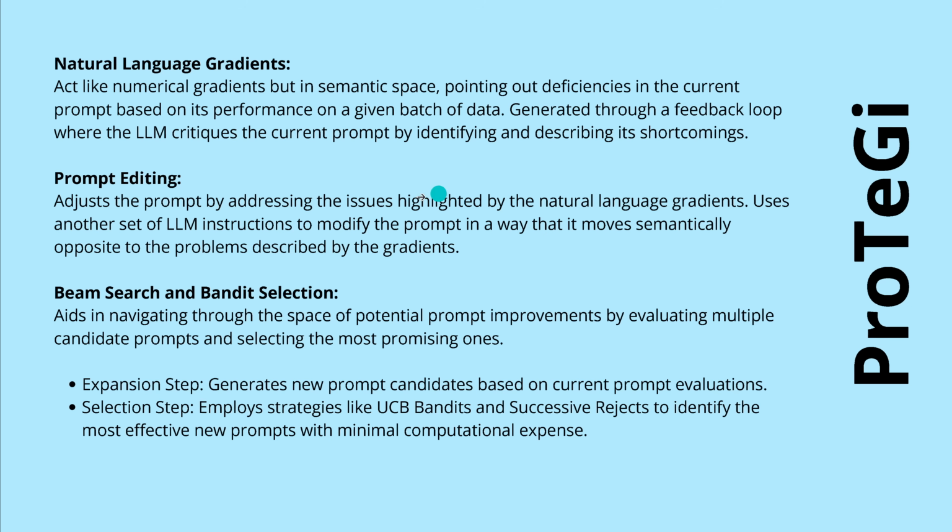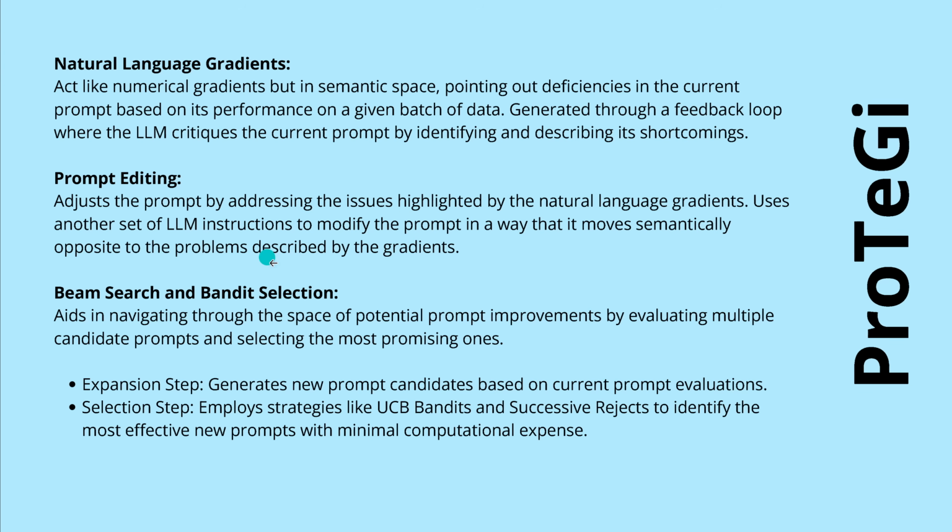So now the instruction from GPT-4 to GPT-3.5 is, hey, semantically opposite to the problem, include now new facts, maybe include this specific fact, analyze this specific sector that you forgot to analyze, and of course, described here by textual gradients. And this is exactly what this is all about in this topic.